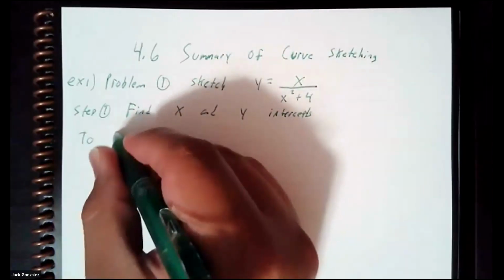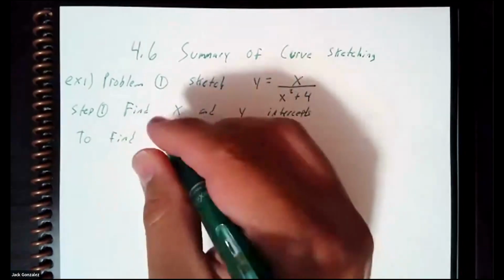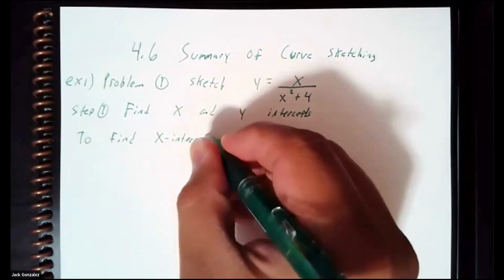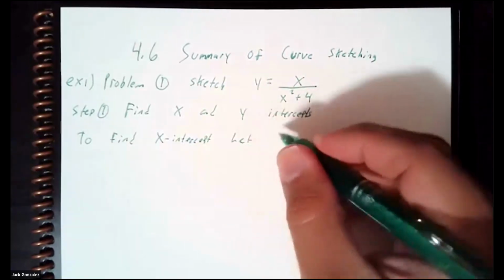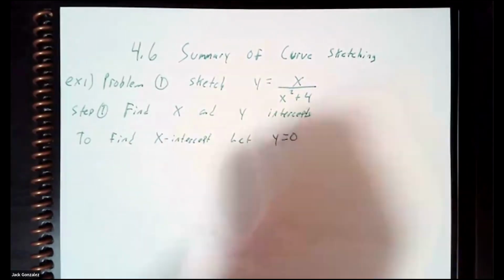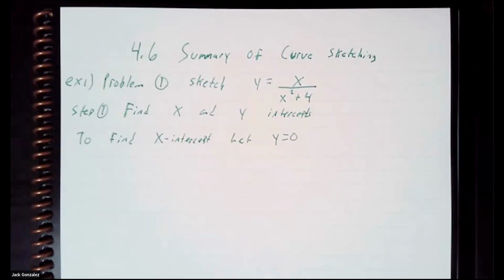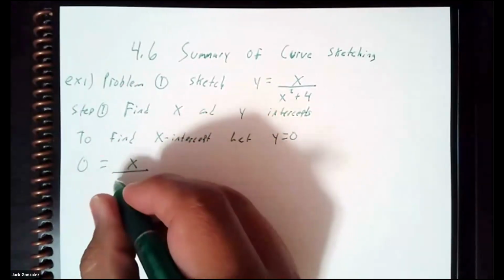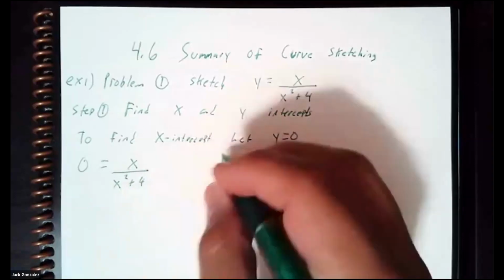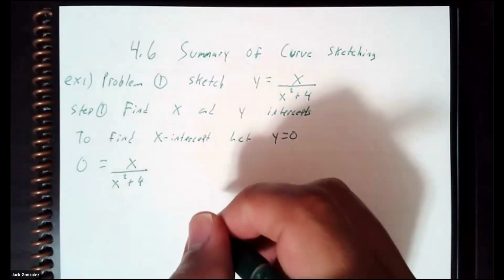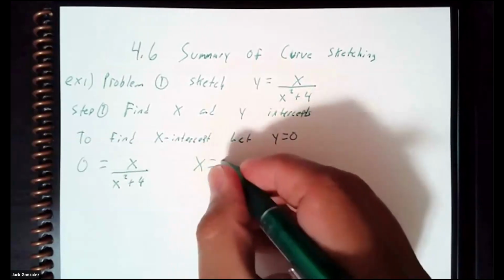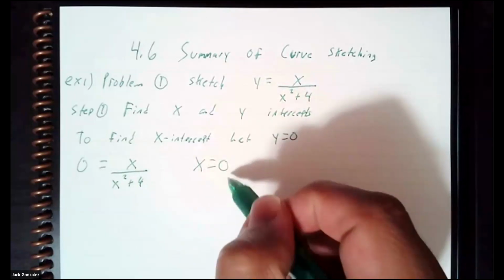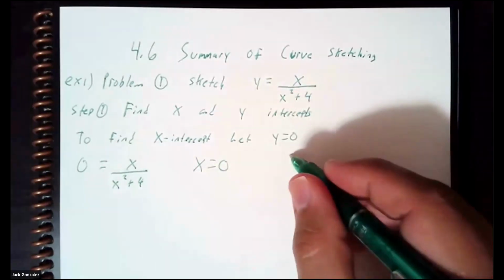Just a quick review. To find the x-intercept, let y equal 0. The only way this would be 0 is if the numerator is 0, so you can just set the numerator to 0 for these types of functions. But there's nothing to do, so the intercept is (0, 0).